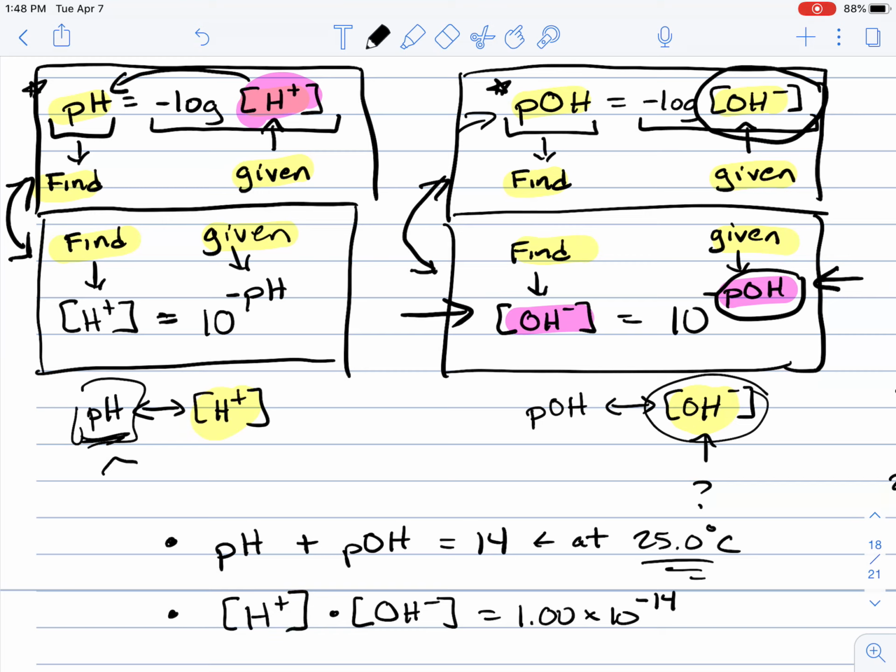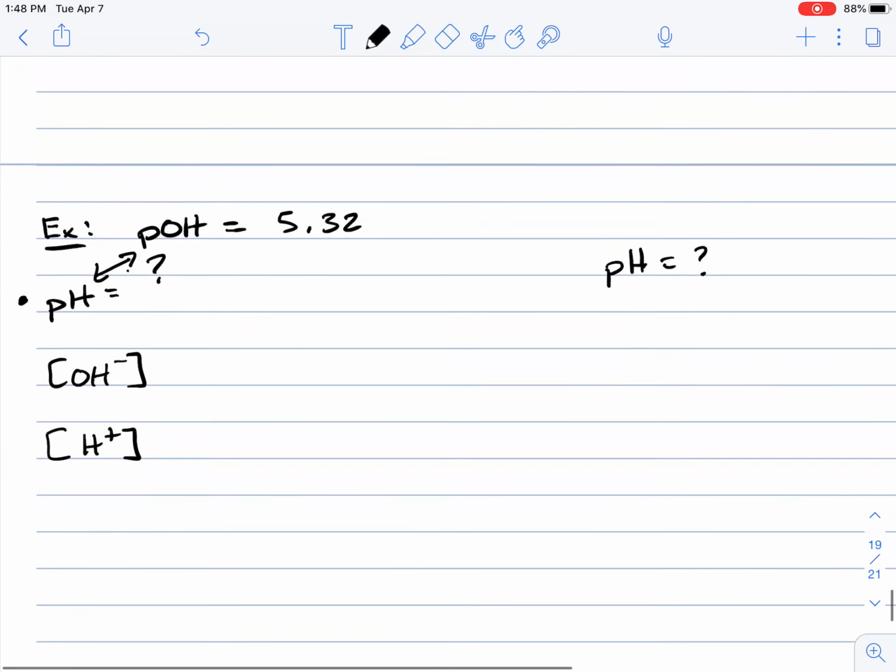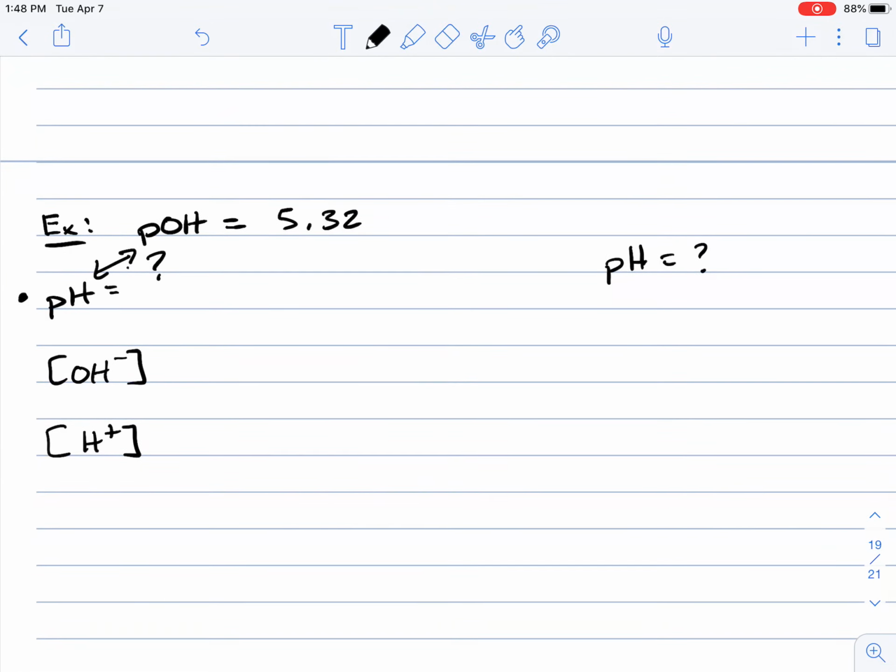And so since I'm trying to go from pH to pOH, from one pH scale to another pH scale, notice that I'm probably going to have to use this relationship or this equation. And so pH plus pOH is equal to 14.